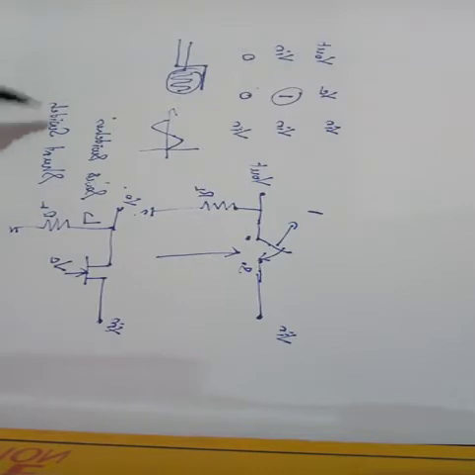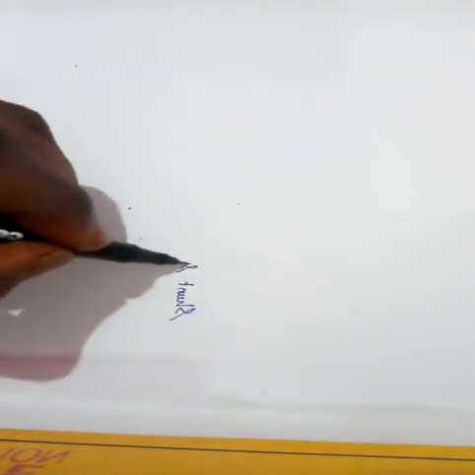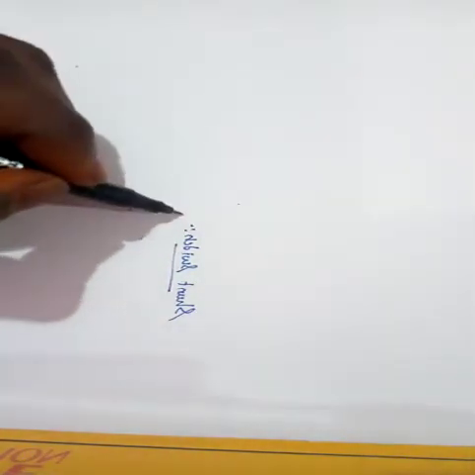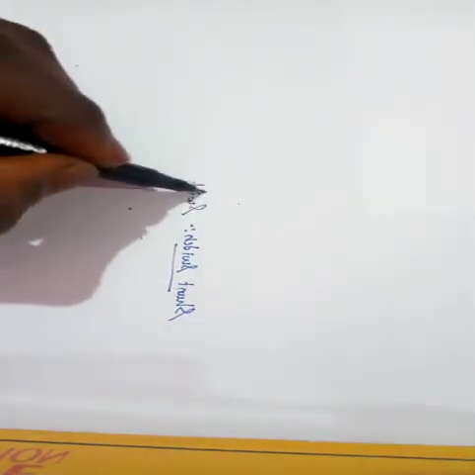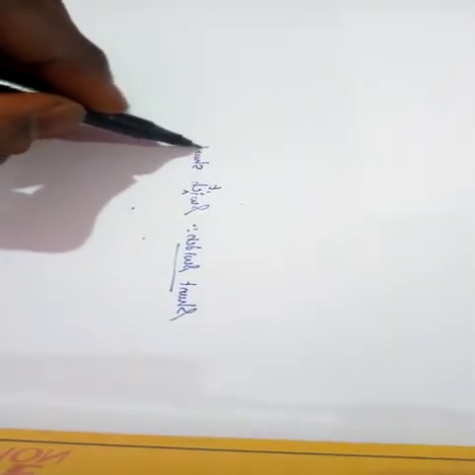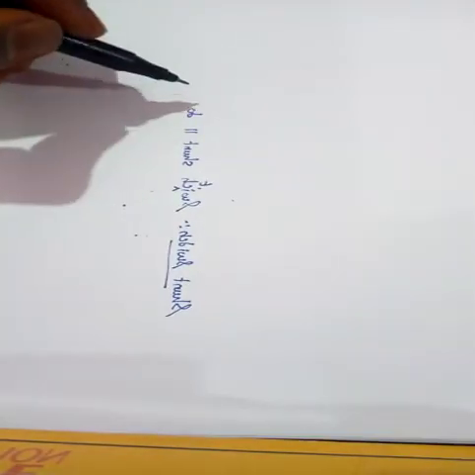So let me draw it now as a shunt switch. It is a typical shunt switch. The switch connection is in shunt, parallel to the input voltage.